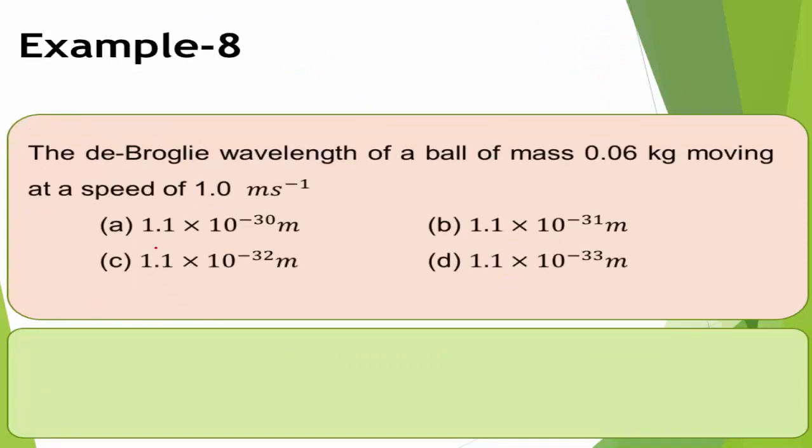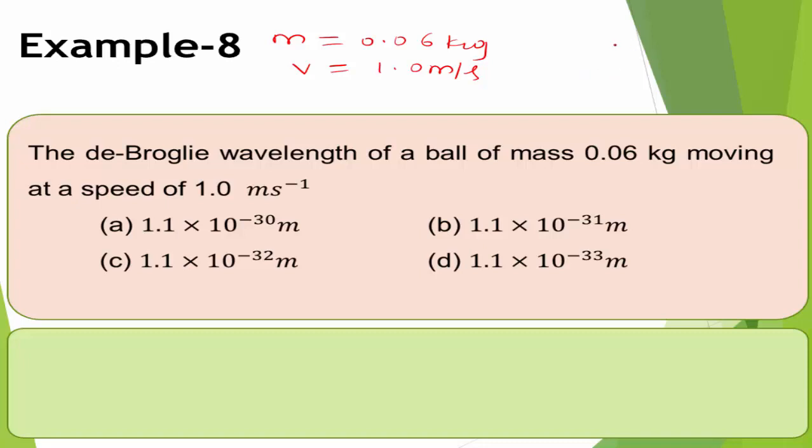Next question: the de Broglie wavelength of a ball of mass 0.06 kg moving at a speed of 1.0 meter per second. Here the given values: mass m is equal to 0.06 kg, moving with a speed v equal to 1.0 meter per second.